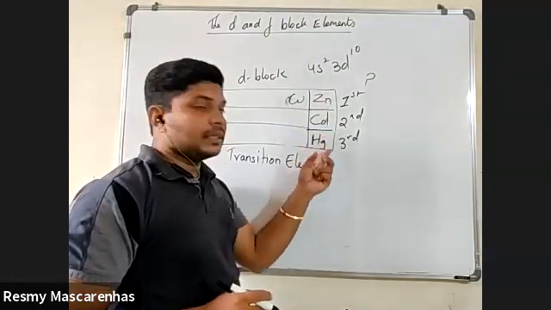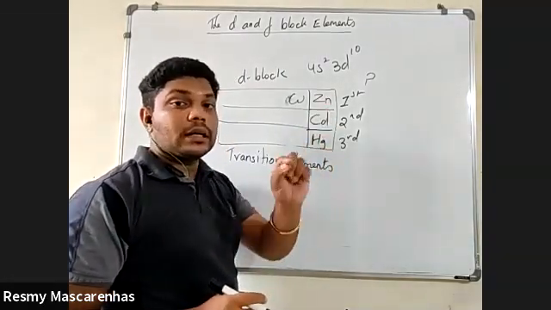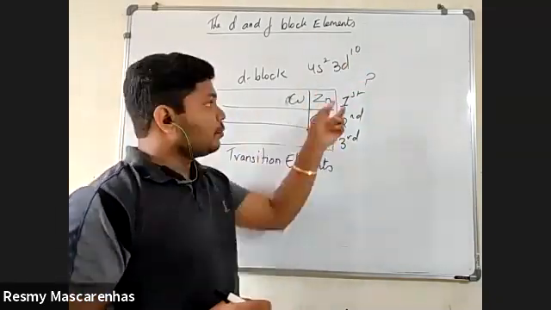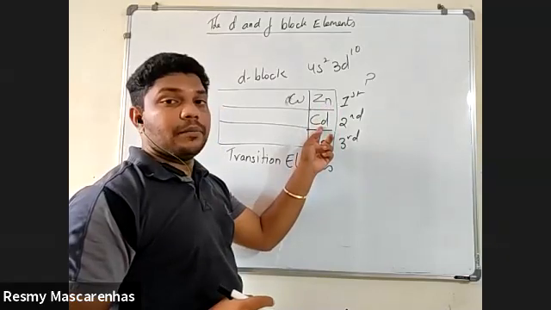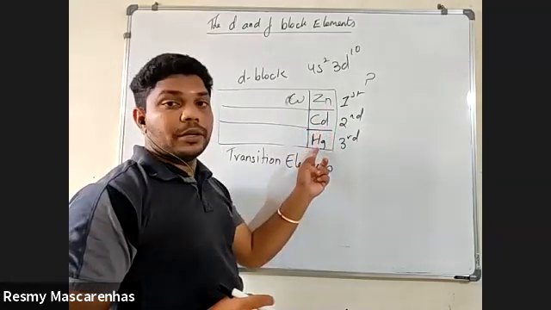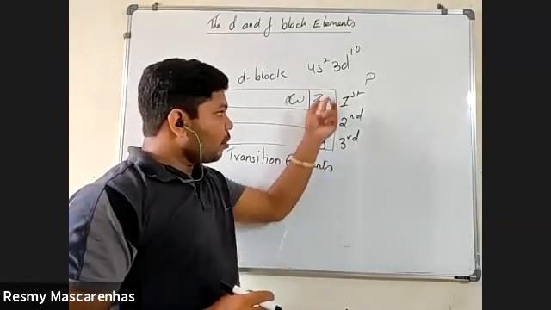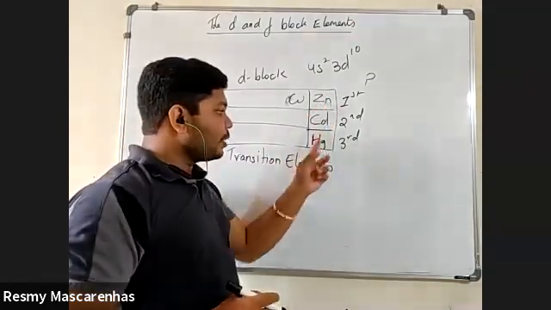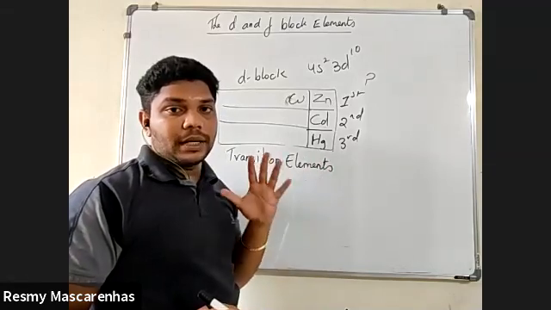But those elements where the last shell is complete, like 4s2 3d10 for zinc, and the same for cadmium and mercury, have outermost orbitals filled. So you cannot call zinc, cadmium, mercury transition elements.